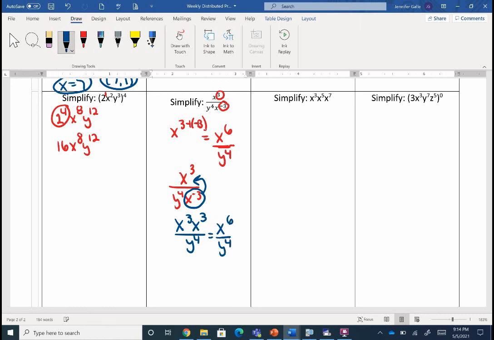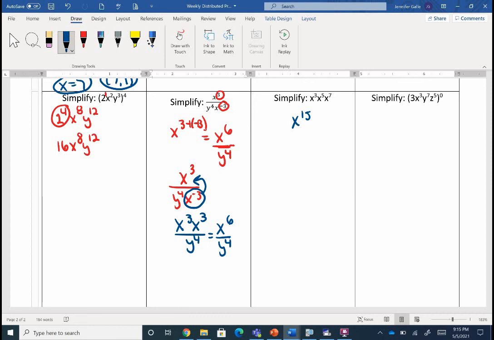So either way would be great. Third question in this last row, we see we have the same base being multiplied together. So when we're multiplying the same base, we add the exponents. So this would become x to the, we have 3 plus 5 would be 8. 8 plus another 7 would be 15.